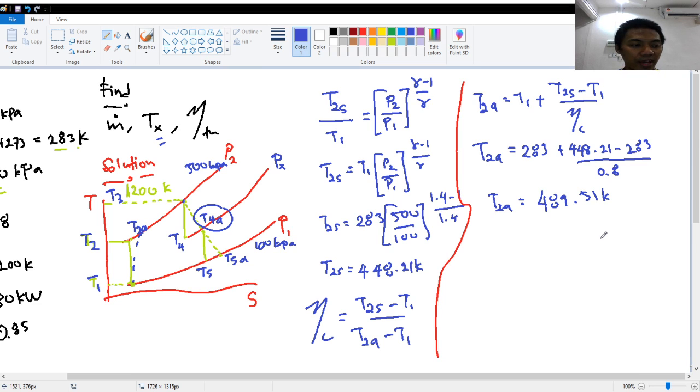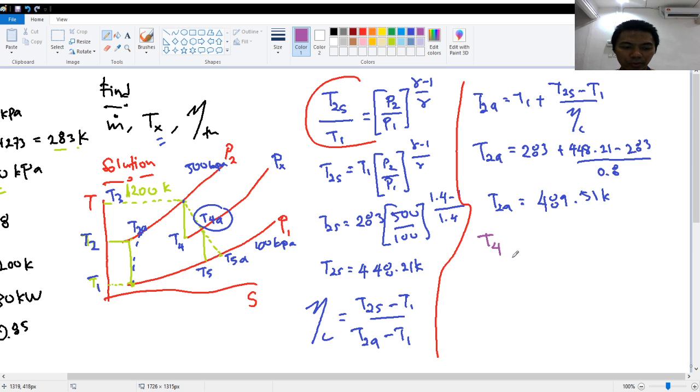Next, you need to find T4A. You can use this basic formula, by writing like this. I'm using a purple.